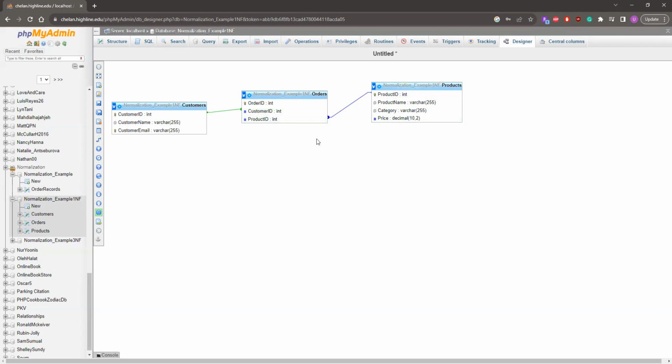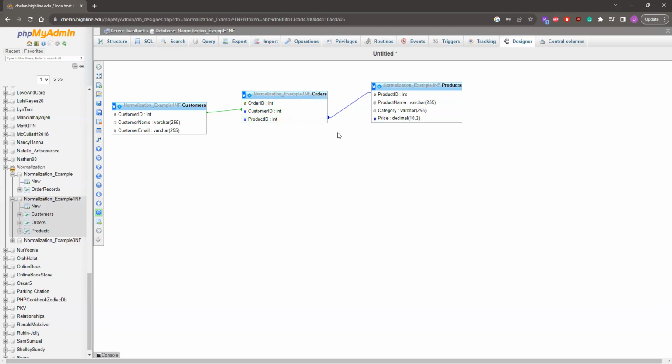So that's normalization. We're getting rid of redundancy. Same thing here, the customer information is stored one time. If I go to Amazon and create an account, I'm in their database once, and they use my ID for every order I place on their website.